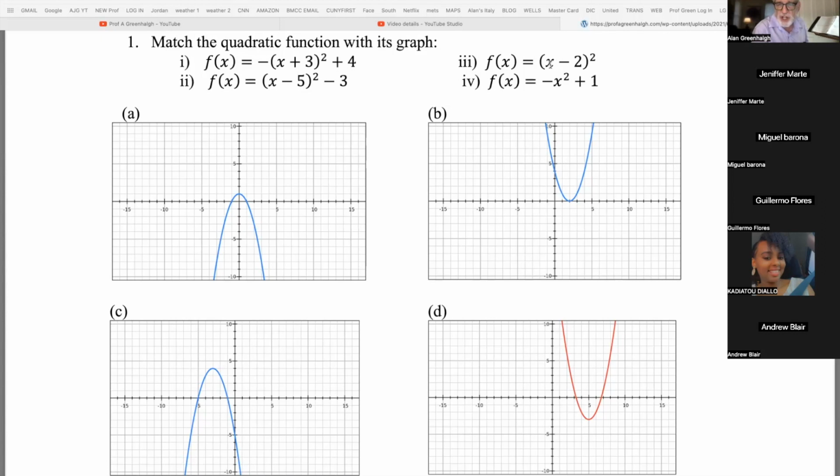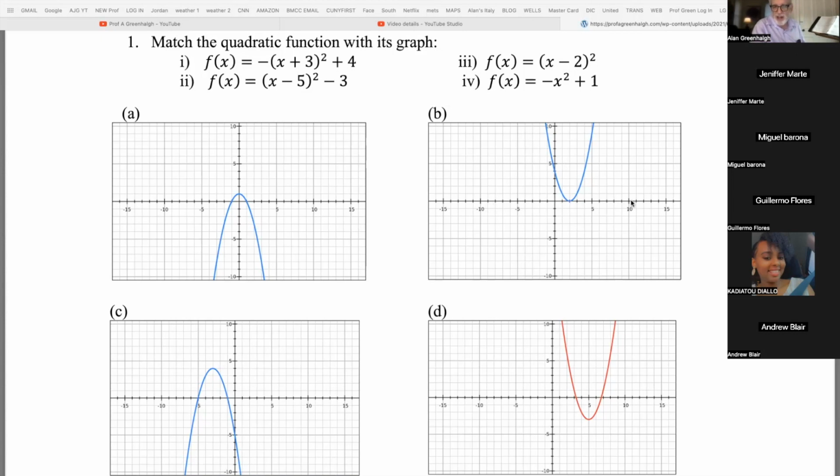The answer is choice 3, because you always take the opposite of -2, so that's 2, and there's no k here at all, so that's 0. So the vertex is at (2, 0), and this graph has a vertex of (2, 0).